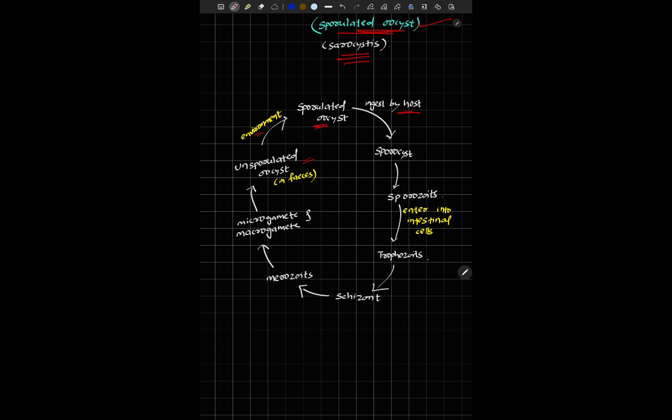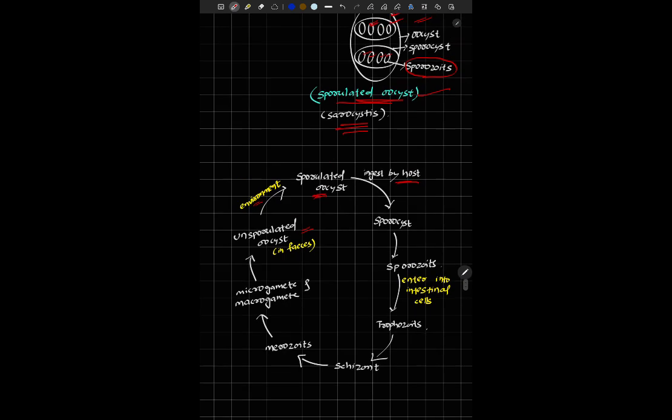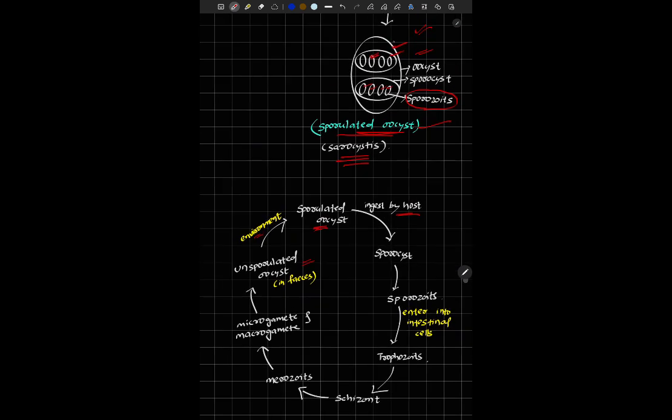After ingesting, what will occur? The sporulated oocyst is consumed by the host. After ingestion, this oocyst layer will dissolve.